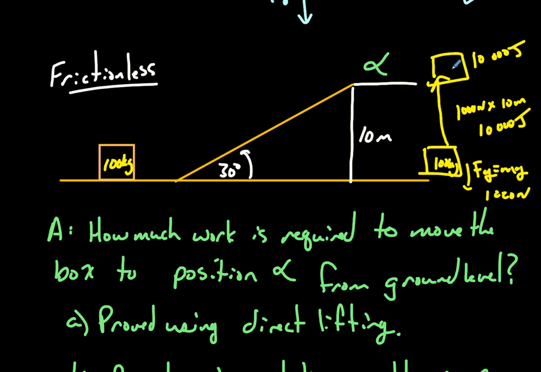And what that's also saying is that I've stored the potential to do 10,000 joules worth of work upon this returning to the ground, right? If I either drop it or let it come down the ramp. So now, we have a fairly large force here, and we're moving over a pretty short distance. So when we think about what's going on the ramp, it's slightly different here.